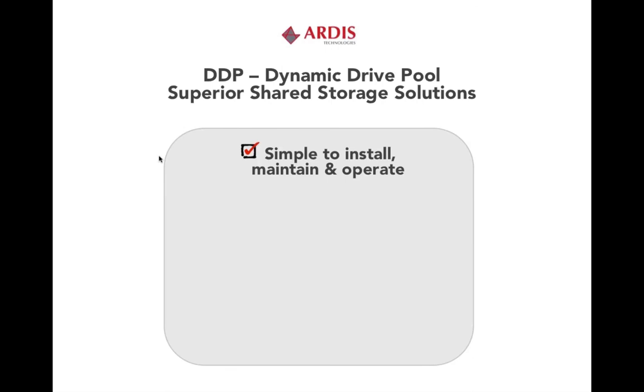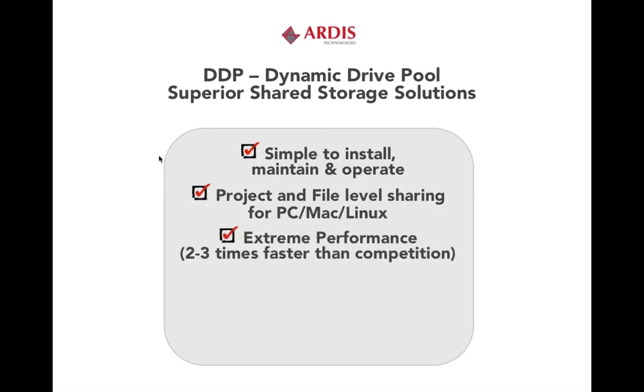DDP is simple to install, maintain, and operate. It's full unlimited project and file level sharing for all operating systems. Extreme performance: with the right interfaces we can be 2 to 3 times faster than any competition. It's easy to expand, inexpensive, but most importantly, it works.